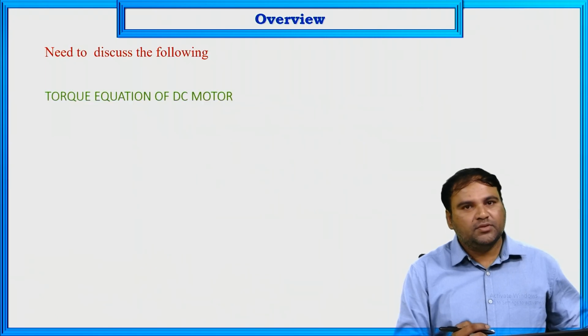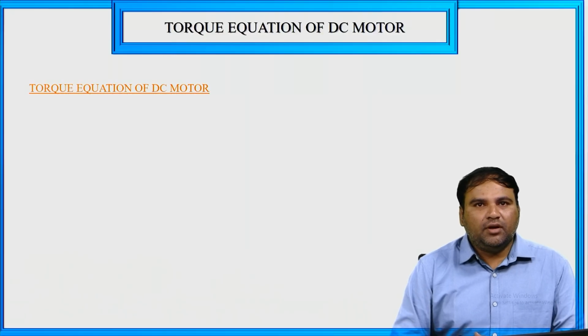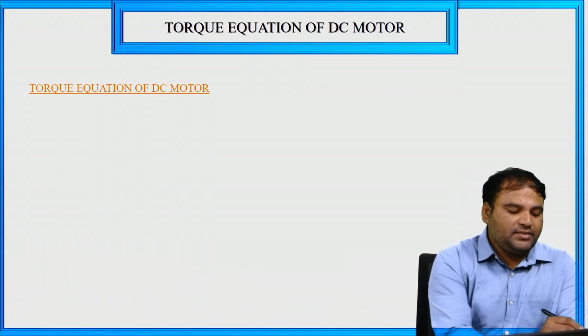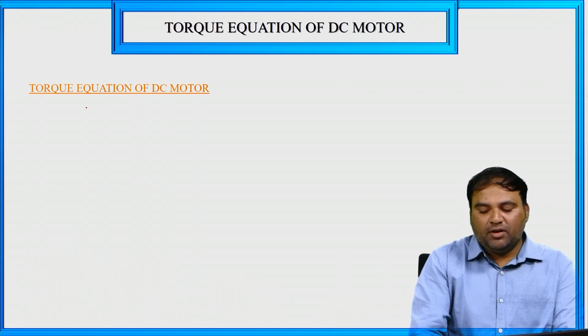So here we need to discuss the torque equation of DC motor. What is meant by torque? Torque is nothing but force into radius. It is the product of force and radius. We can call it a torque.